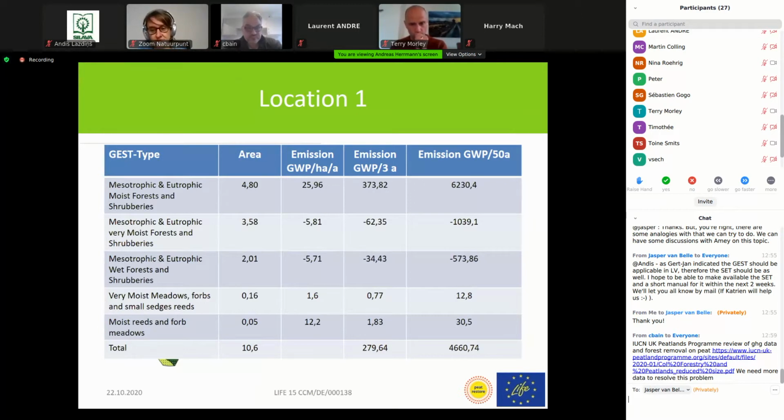So this is in total 4,000, only for the German side. This is the calculated sum of emission that goes out in the next 50 years.